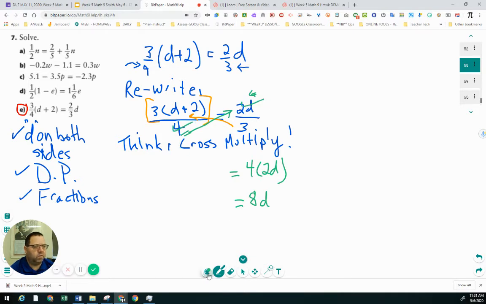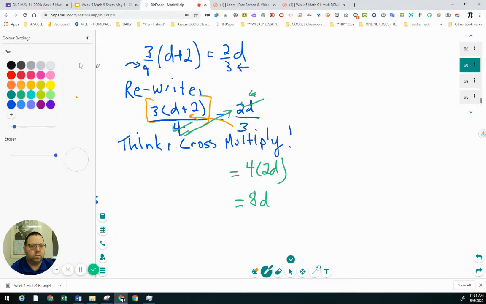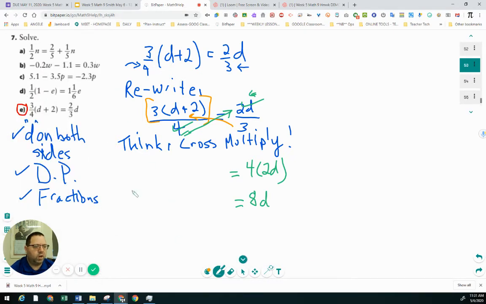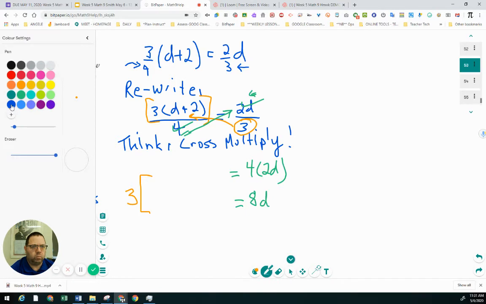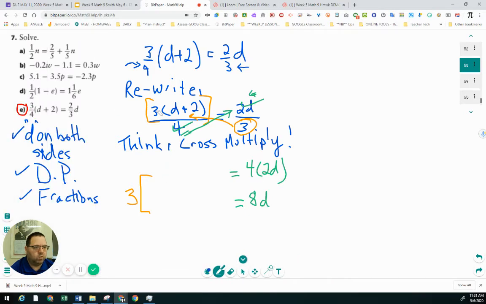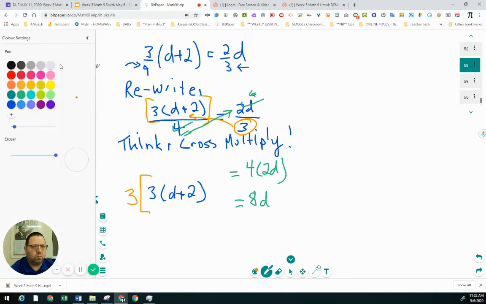Now let me switch back to that orange I was using. Over here, I've got this 3, all multiplied. And I'll switch back to the original blue just to show you. What was this expression over here? Well, it was 3D plus 2, all multiplied.